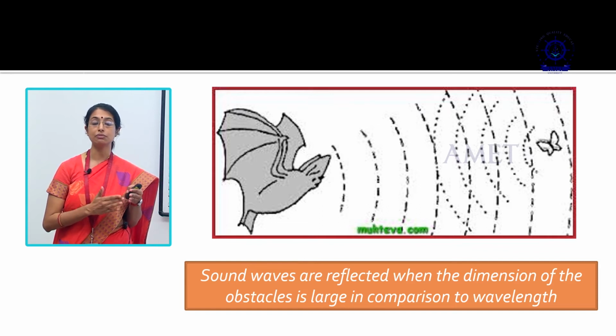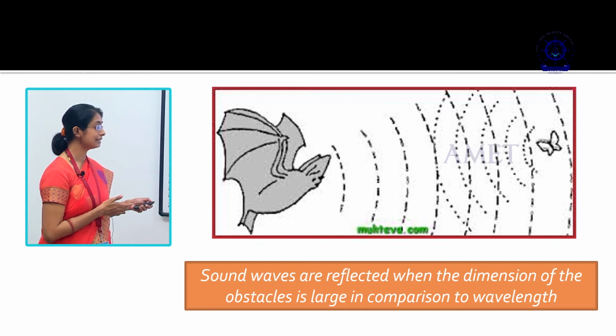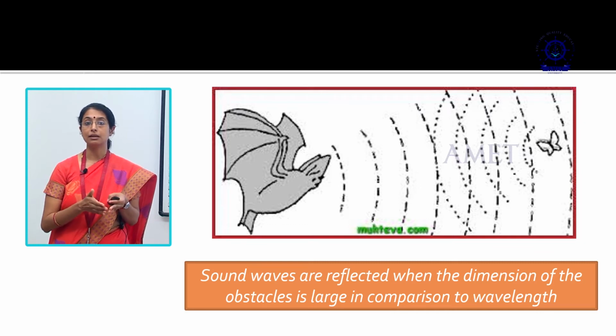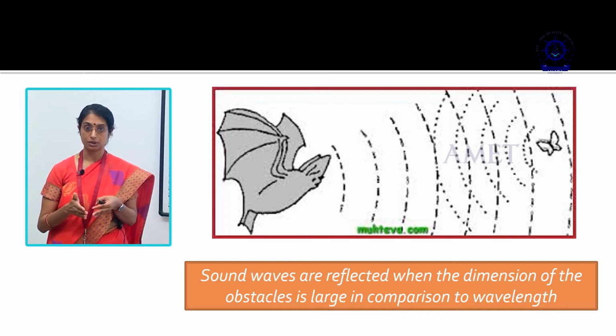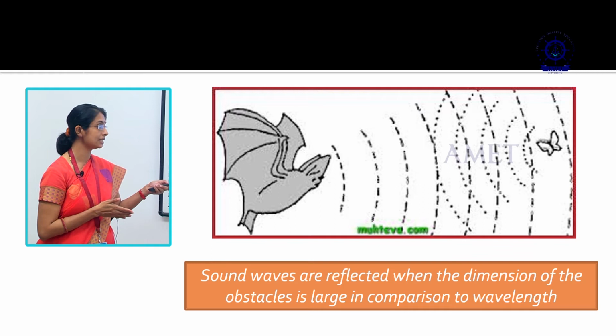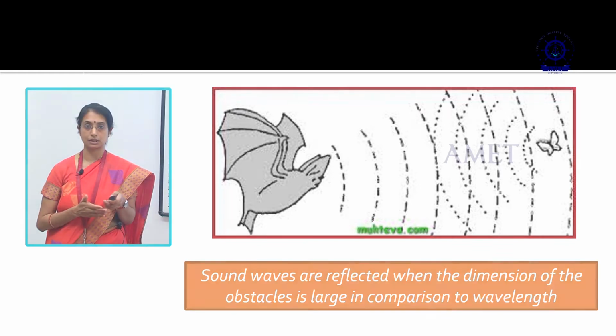The only condition for such a reflection is that the sound waves should have a dimension which is much less than the size of the obstacles. The sound emanated by a bat is of ultrasonic waves or ultrasound, which has a wavelength which is very small, of the order of the size of insects. So, this is how, using sound reflection, a bat is able to escape from the obstacles.